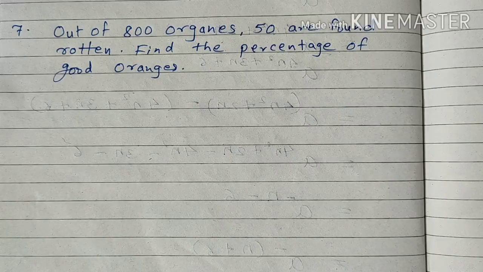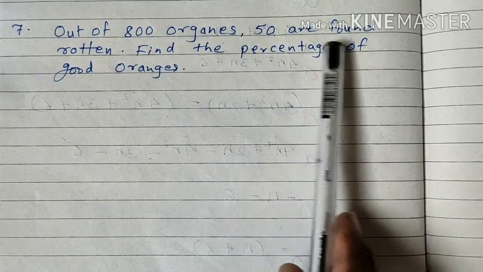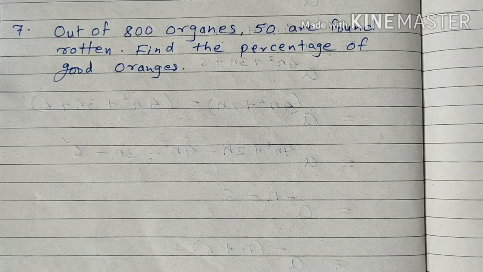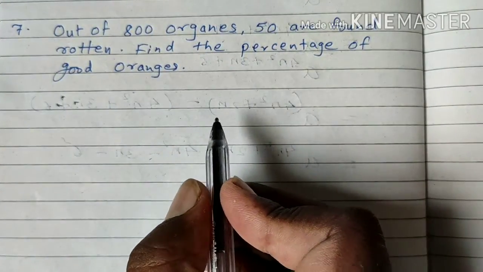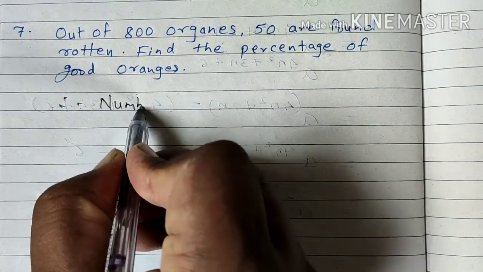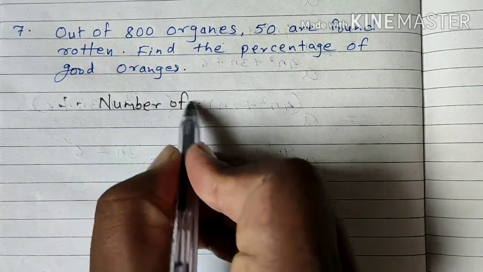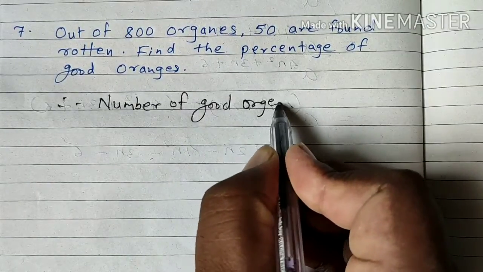Again, similar type of question is here. Out of 800 oranges, 50 are found rotten. So let us find out the number of good oranges.